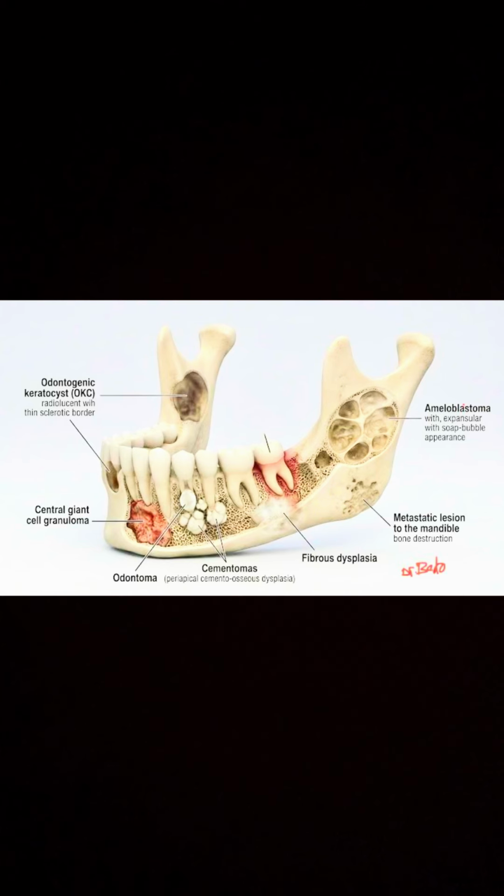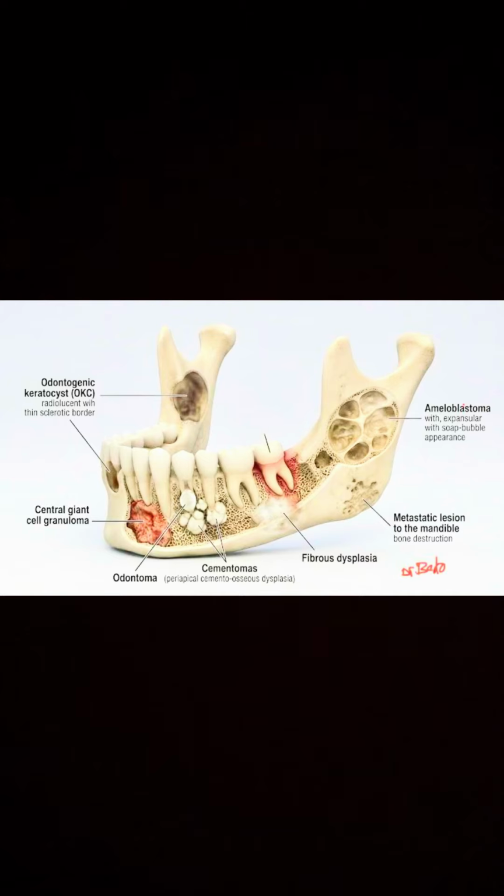Part 1 is marsupialization, a one-step procedure. The cystic cavity is converted into a pouch by creating a bony window over the cyst and suturing the cut edge of the cyst lining to the surrounding oral mucosa.